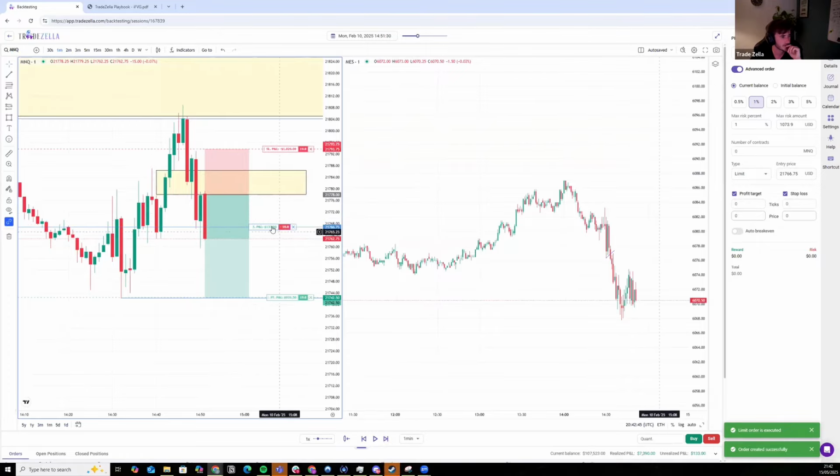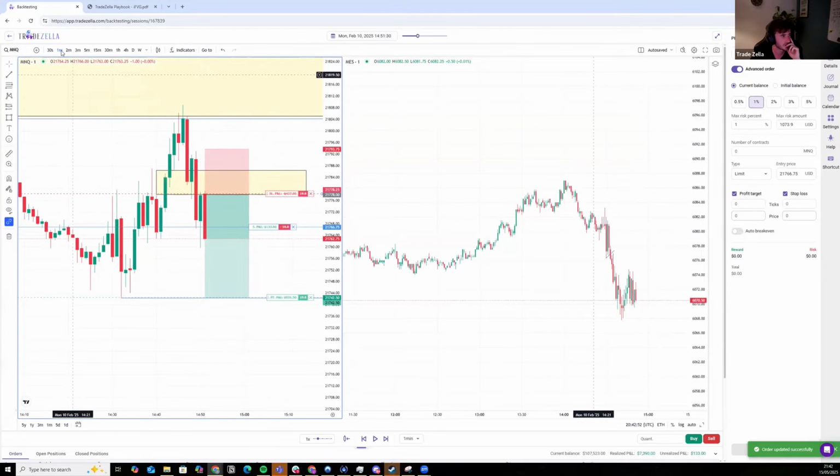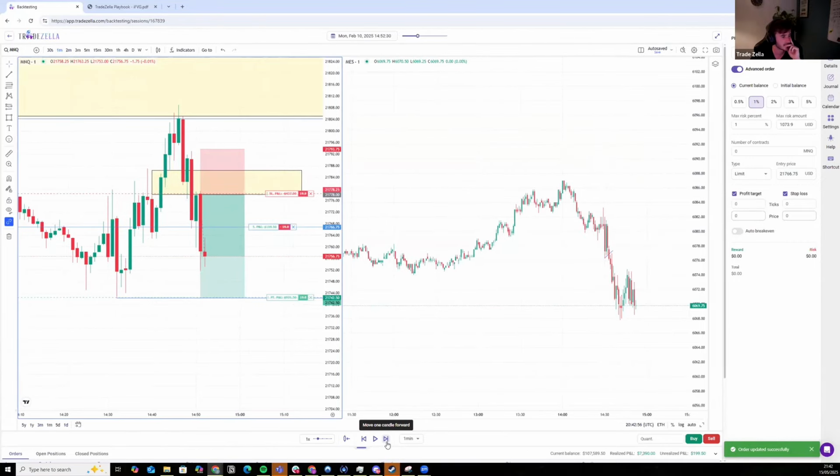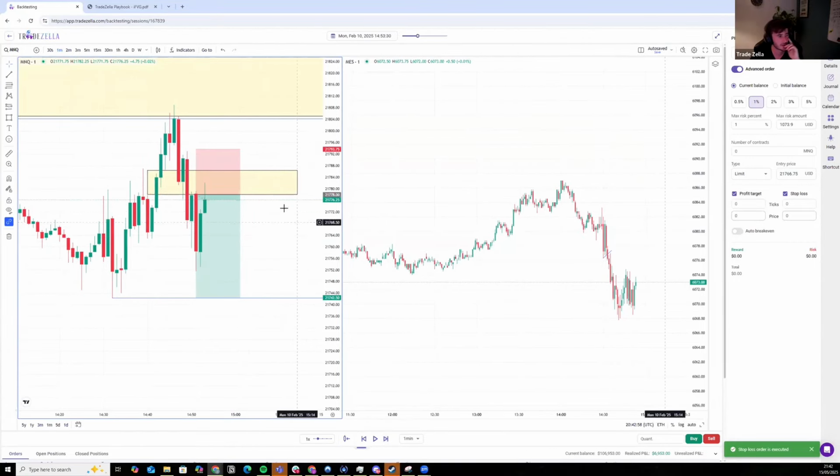Okay, so we get tagged in there. Oh, we get missed. I didn't put a limit, but at this point you'd be break even. So once you see this bullish momentum, you probably go break even. And then it pushes down. So on that one, we get taken back out break even, or in our case, a small loss, because we reject off this order block here.